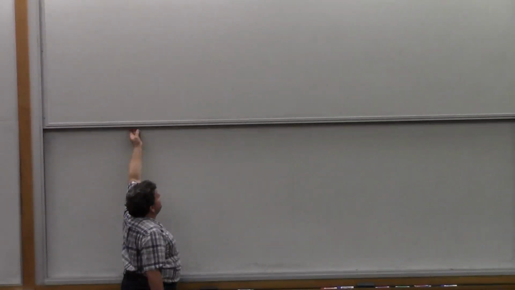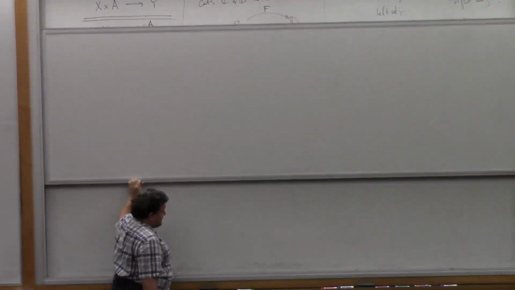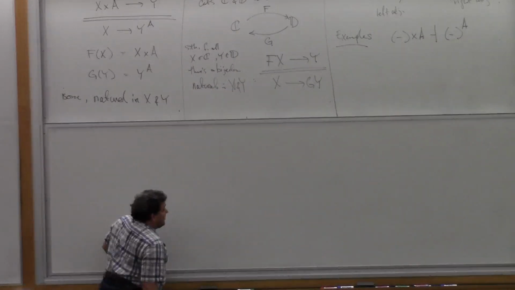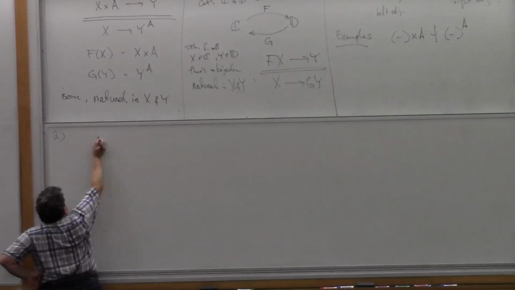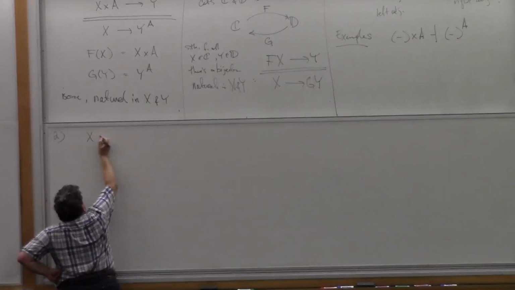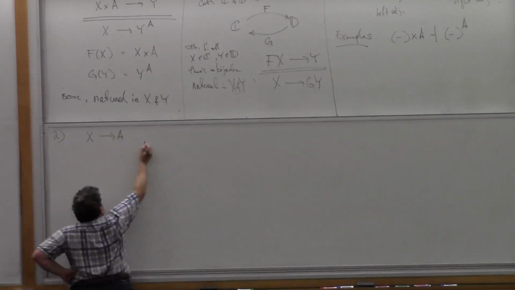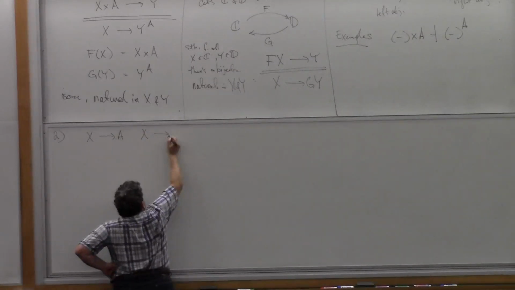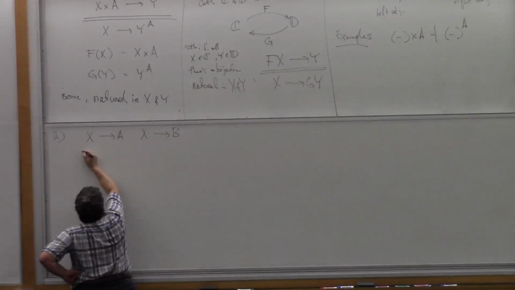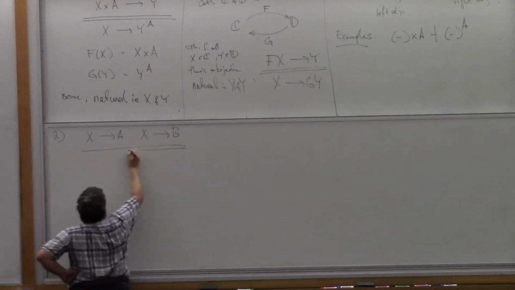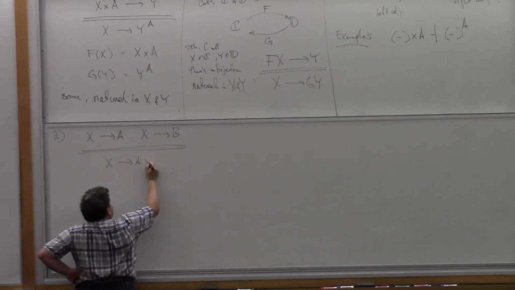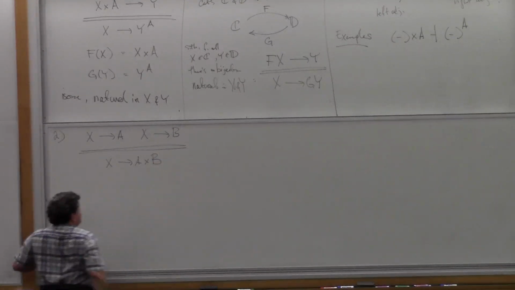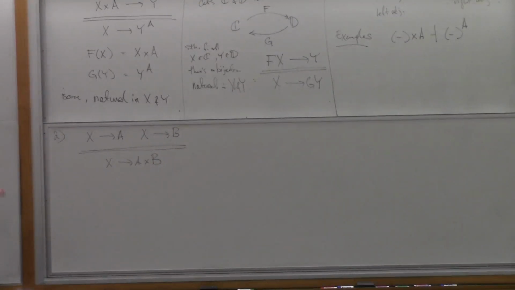Let's do another one. Remember, in the case of products, we said x into A and x into B gives us a map x into A cross B. Going back and forth, right?